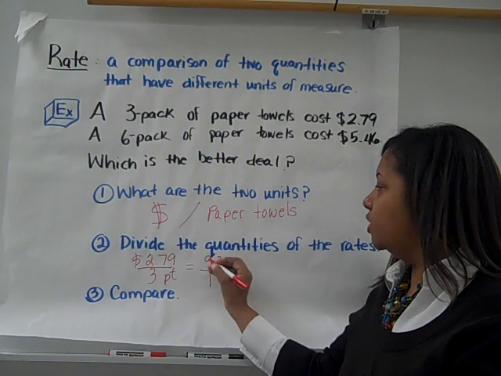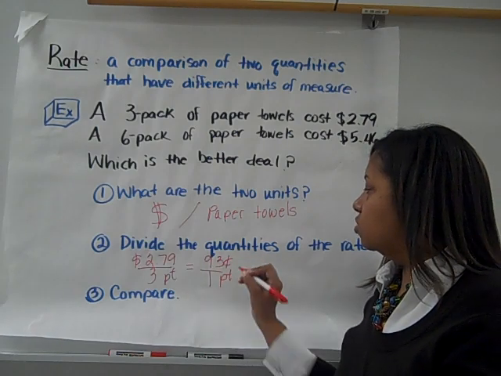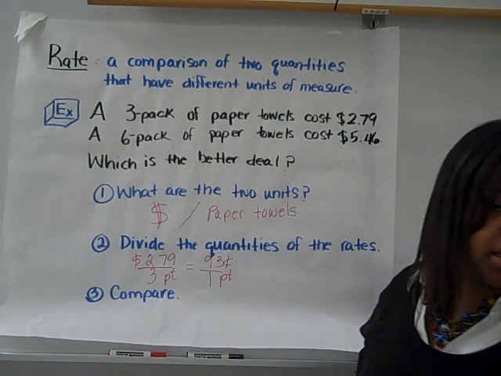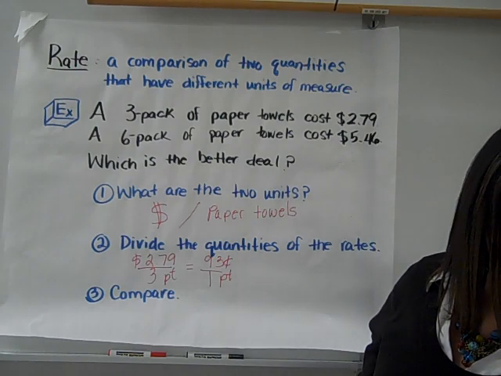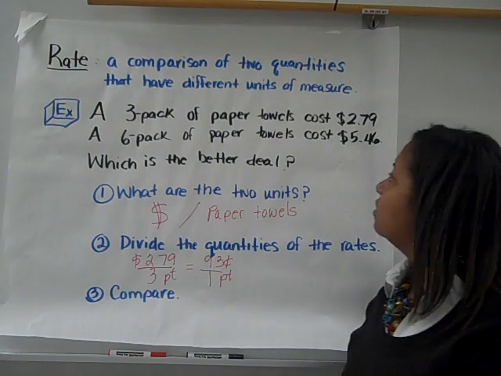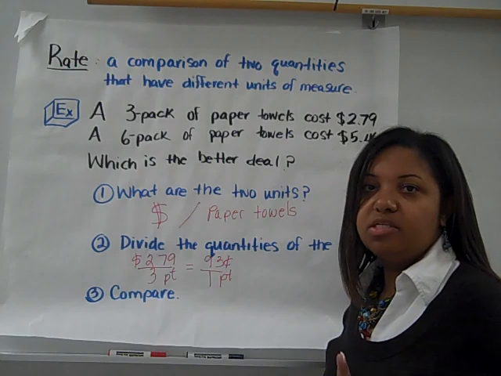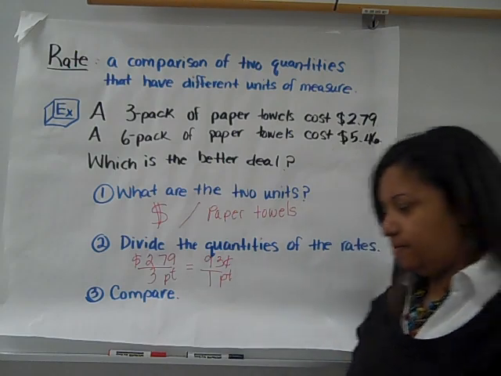Okay, remember, you want your unit, so 93 cents to one roll of paper towel. Okay, now the other one, for $5.46. You have to excuse me, let me get a calculator because I didn't grab one with me. So just 1 second.